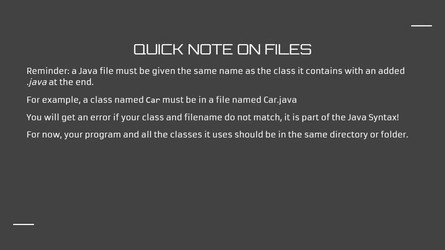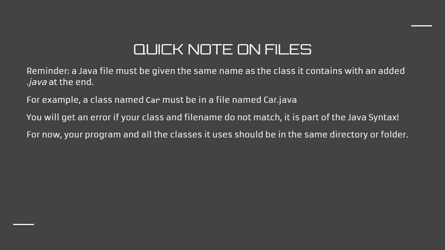Alright, so quick note on files. Reminder, a Java file must be given the same name as the class it contains, with an added .java at the end. So if the file name is Date, the class name has to be Date as well, and they should begin with a capital letter. For example, a class named Car must be in a file named Car.java.